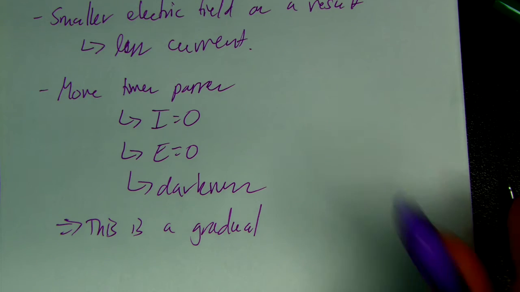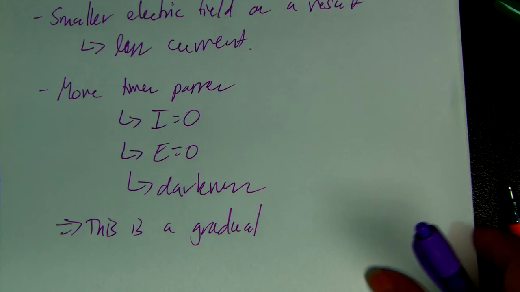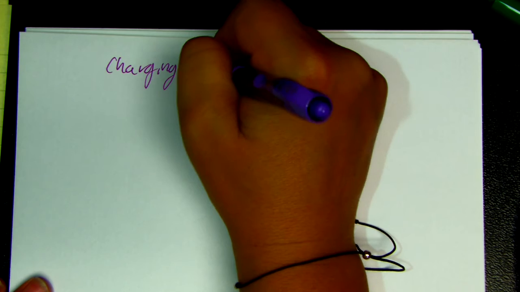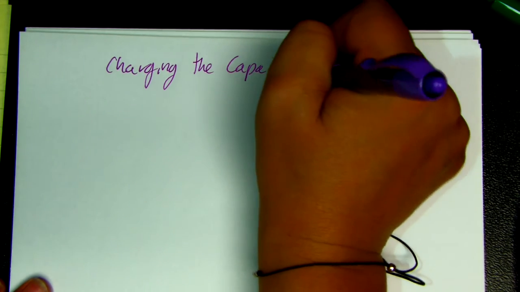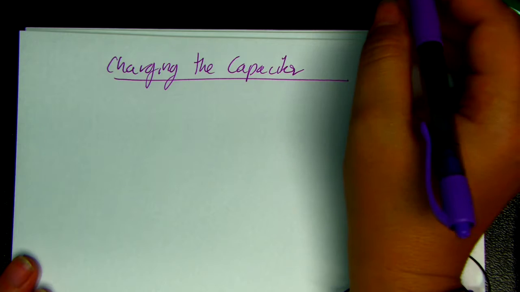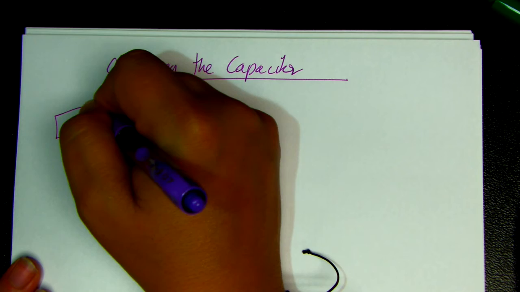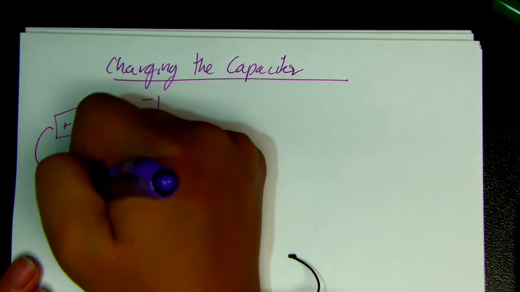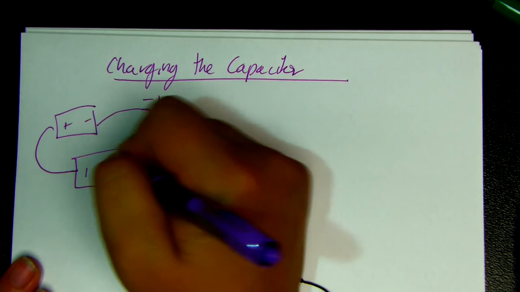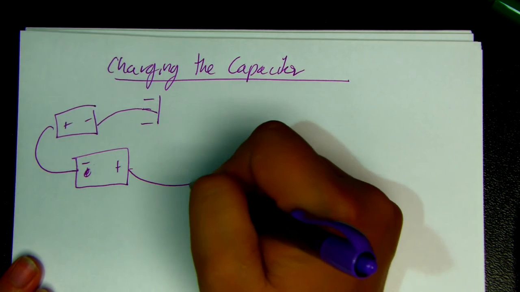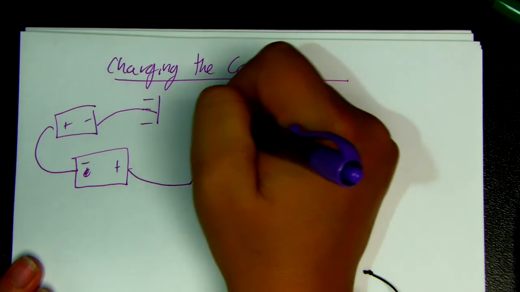All right, so now that we have looked at what happens when we discharge the capacitor, let's look at what happens when we charge the capacitor. So here, plus, minus, minus, plus, our bulb, and the capacitor.